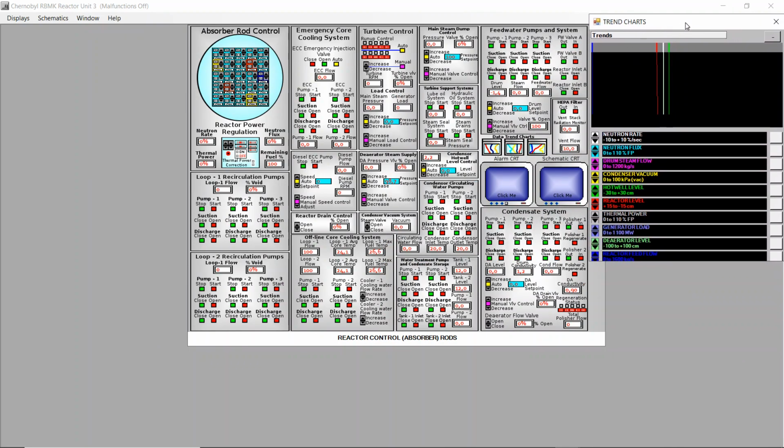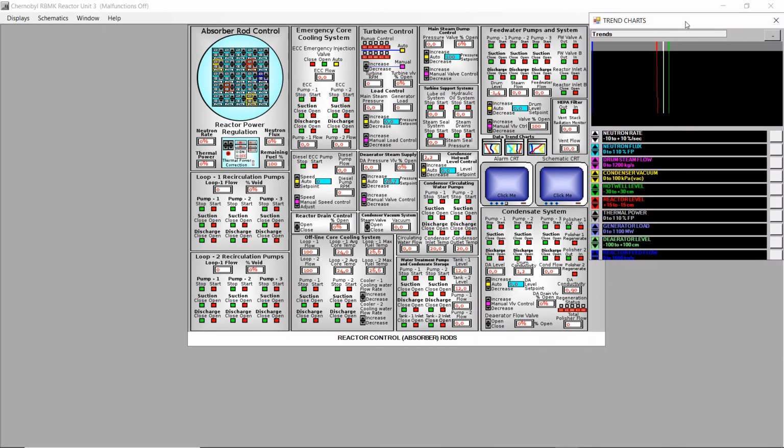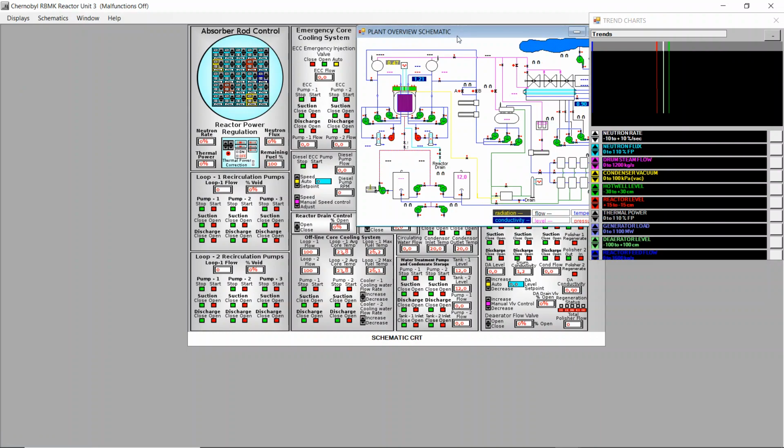So what I will do in this unsafe procedure, usually we'll need to start systems from, let's say, farther from the reactor. So start with the condensate system, feedwater, condenser circulating water pumps. If we look at the diagram, it will be more clear.